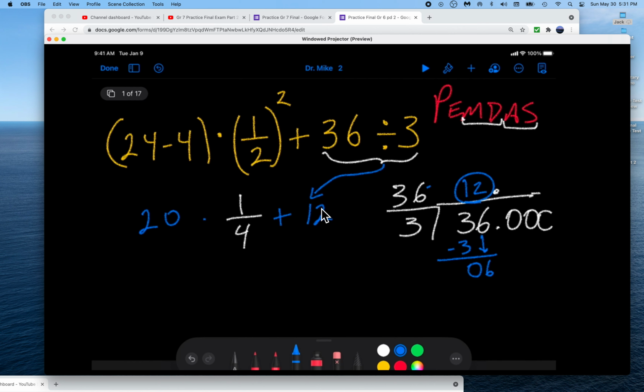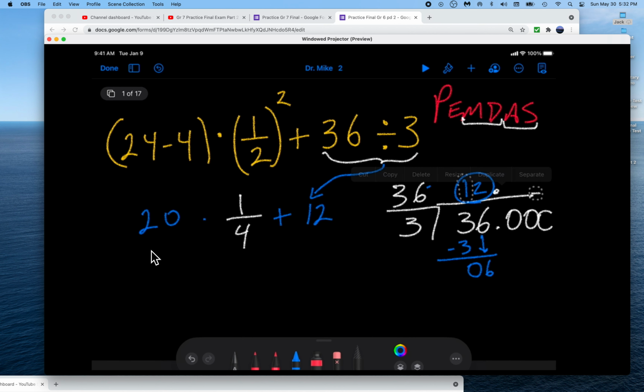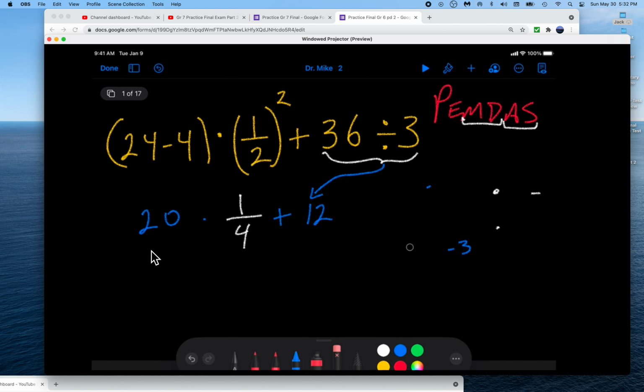Okay, so now we have a brand new problem. 20 times 1/4 plus 1/2. We respect the PEMDAS order of operations now for this step 2. Okay, let me get rid of some of this busyness here. I'm sorry, folks. Getting too fancy, I should just do this.